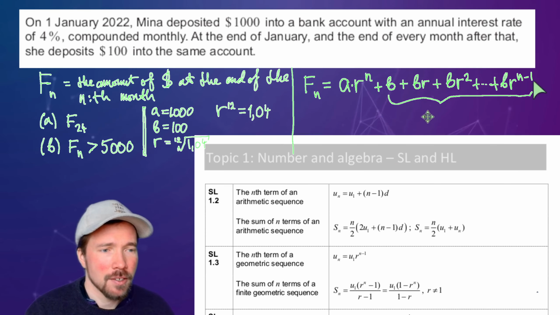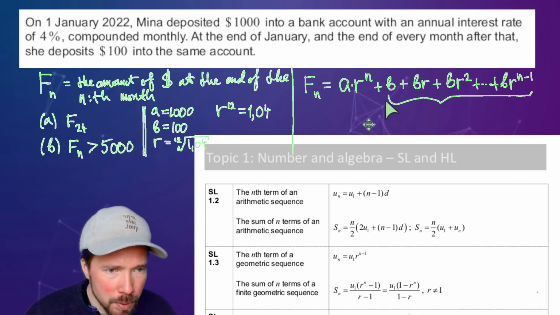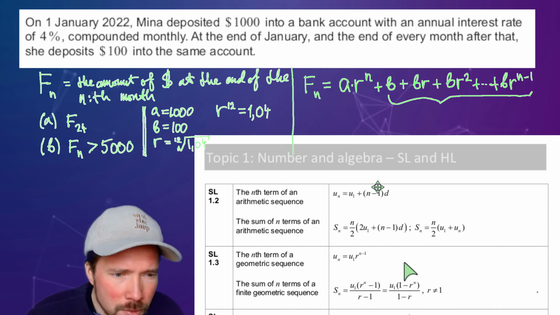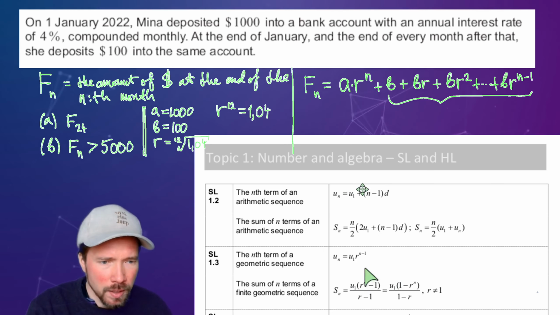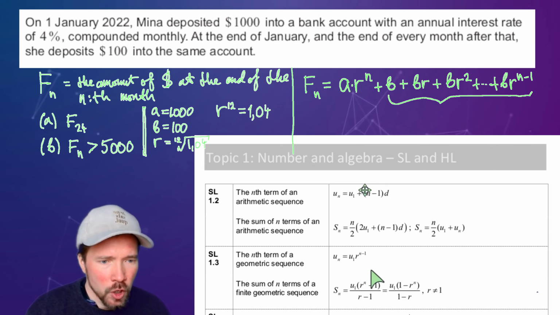Okay, doesn't matter. So in our case, U1 is B, right? Because they seem to start their sequences from n equals 1. So when n equals 1, r to power n minus 1 is r power 0, which is just 1. So our B is U1.